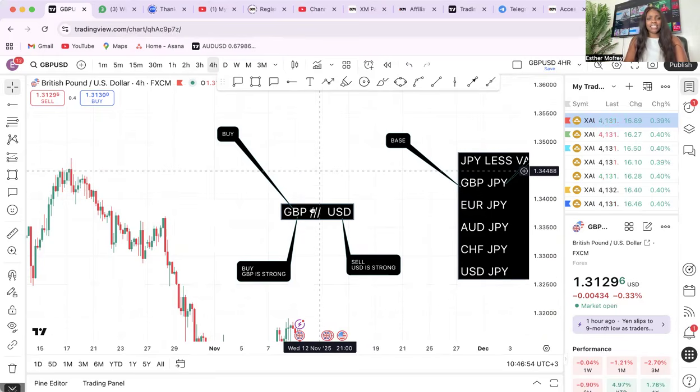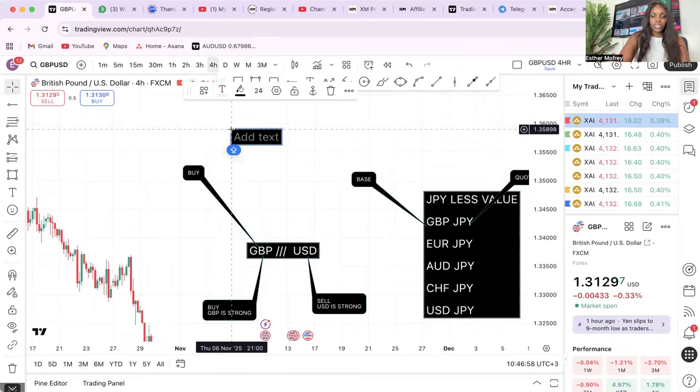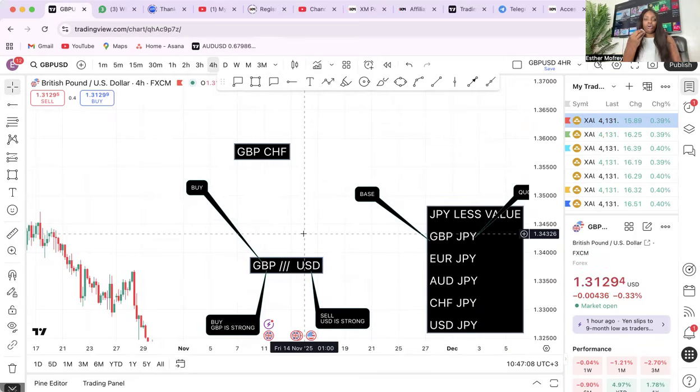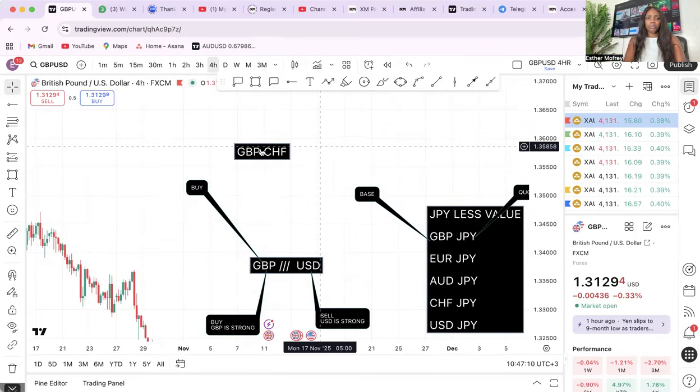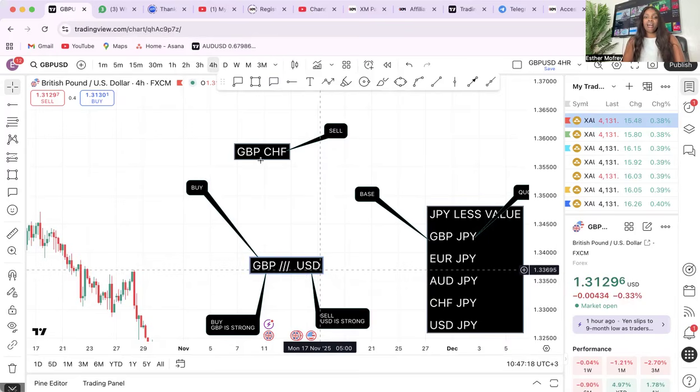Now, I find the same people, when they are trading something like GBP CHF, you see, this person, when they placed a buy on GBP USD, pound is stronger according to them. So when they come to trade GBP CHF, you'll find them selling. Now, what has changed? If your GBP is stronger with GBP USD, why are you selling GBP CHF? It's like you are confused now.